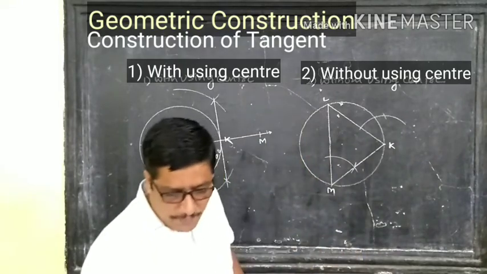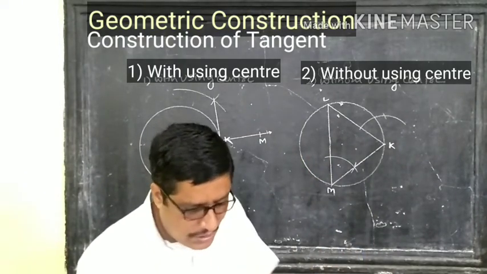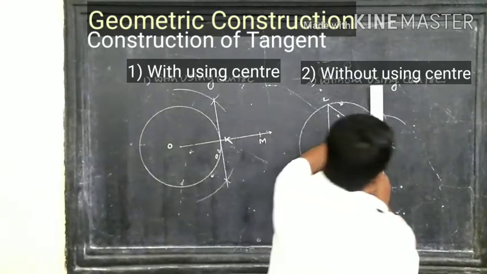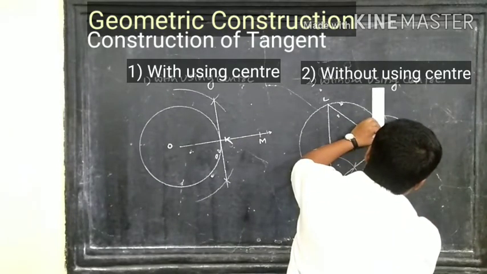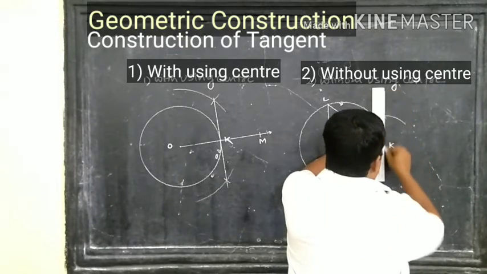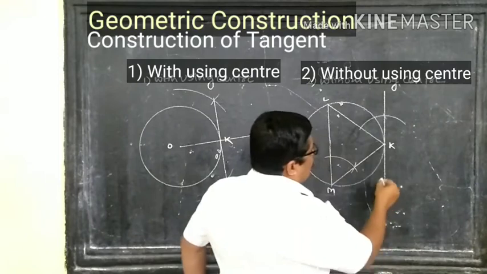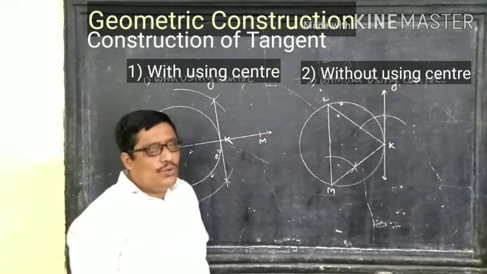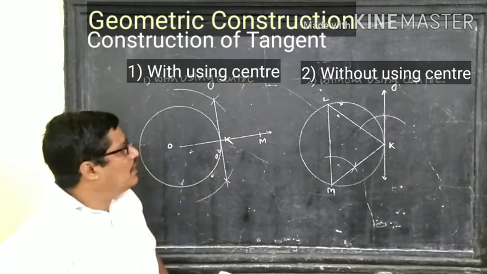Here we get one point of intersection. So that point of intersection and point K we have to join with a line, and that line will be tangent to the circle. So in this way we can draw a tangent to the circle without using the center.